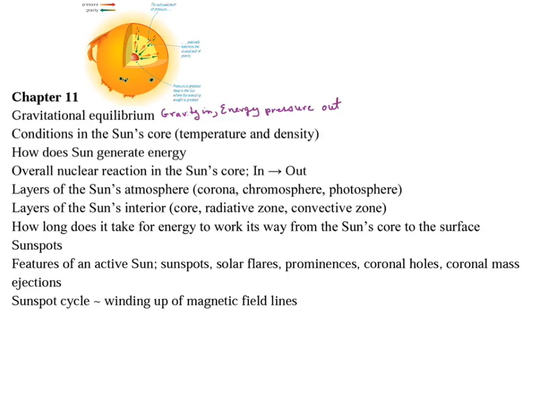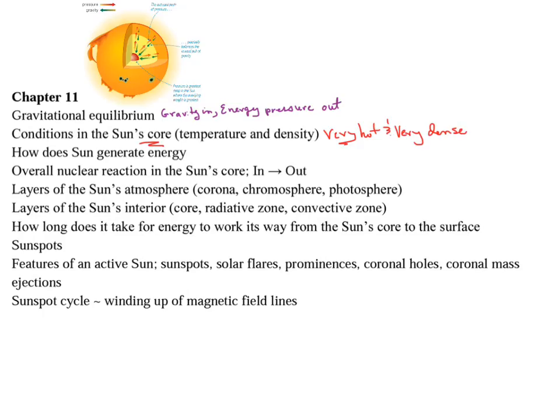Chapter 11 was all about our star, the sun. There's a question on there about something called gravitational equilibrium. I brought in this figure where you can see the green arrows going in, that's gravity, and the red arrows going out, that's the positive pressure associated with the energy that the sun is putting out in its core.